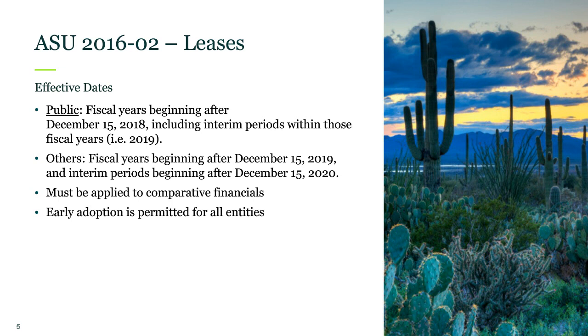That would include the footnotes only. So it can be applied to the earliest comparative financial period, or it can just be applied as of January 1, 2019. And obviously, anybody can already adopt the presentation.